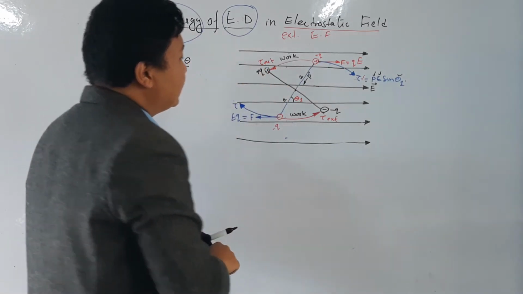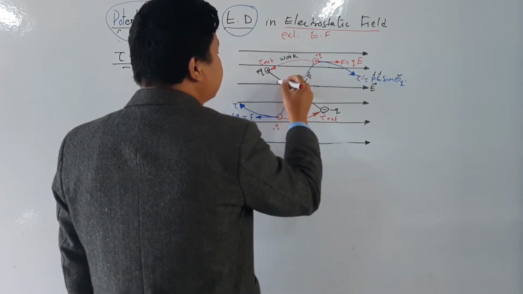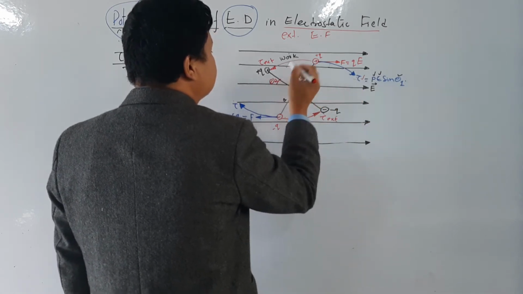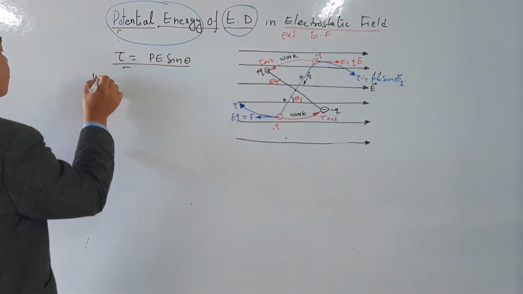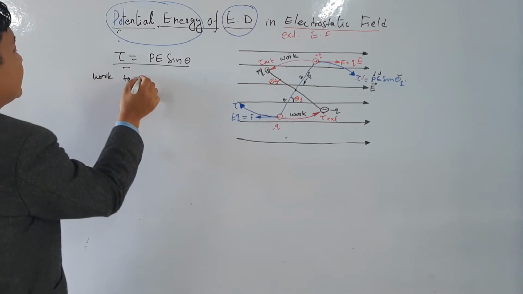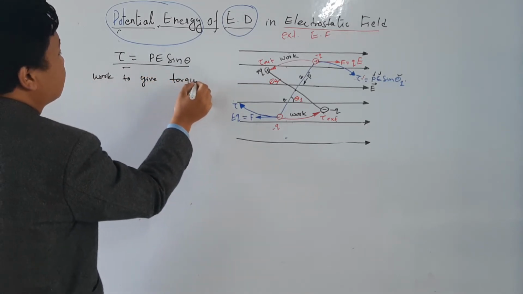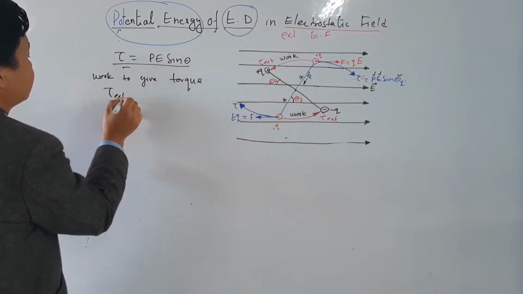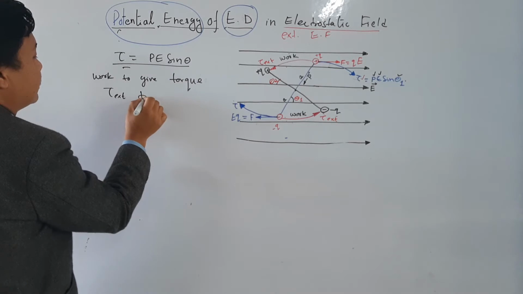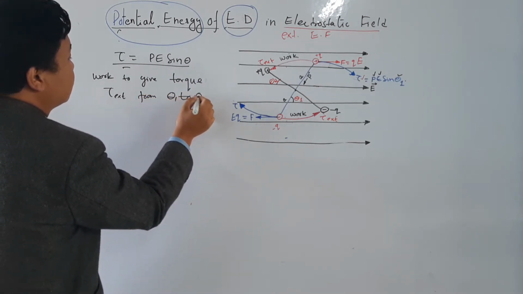And let this angle between electric field and dipole moment here be theta 2. Okay, so what I am doing is, I am doing work to give external torque, from theta 1 to theta 2.